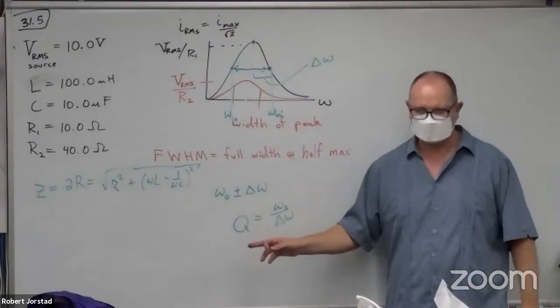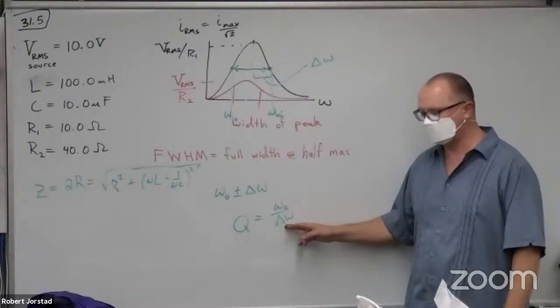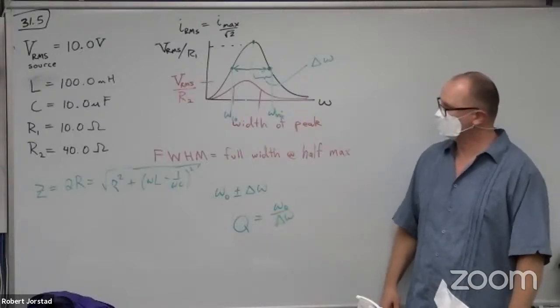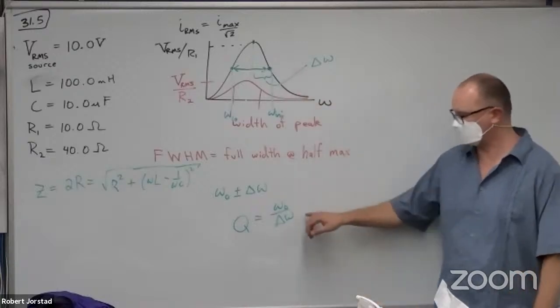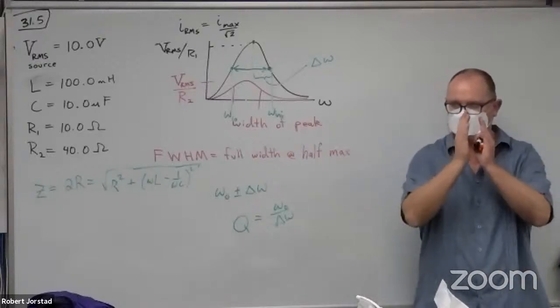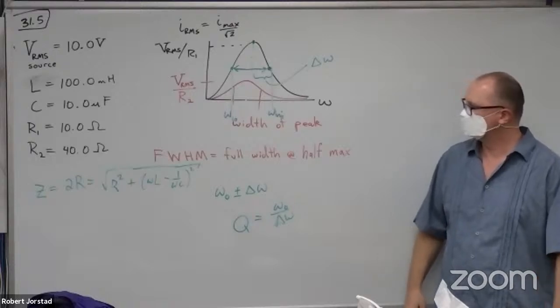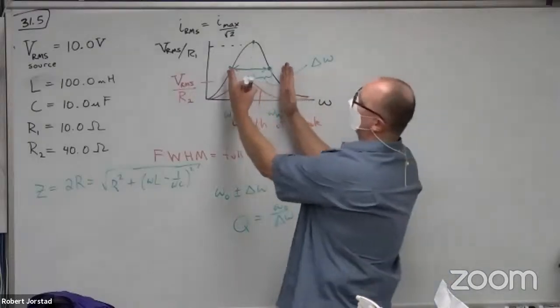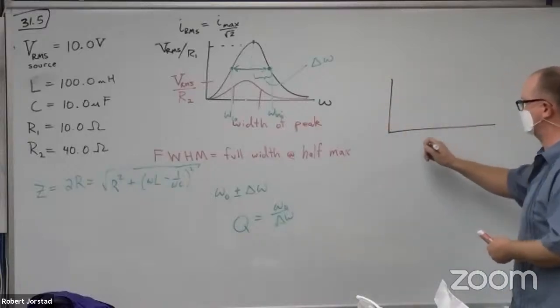This Q factor, think about it. If delta omega is small, what happens to Q? What does the graph look like? If delta omega is small, is the graph tall and skinny, or is it short and fat? If delta omega is small, it's tall and skinny. So what we're going to see here is there's a general class of circuits called high Q, right?